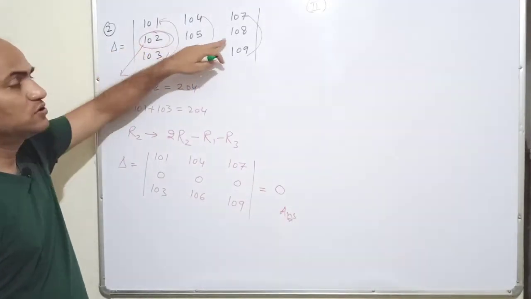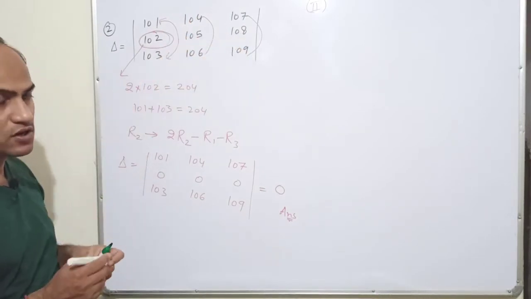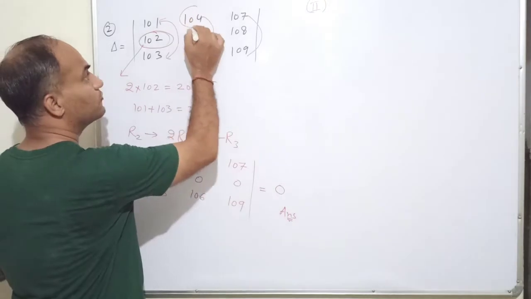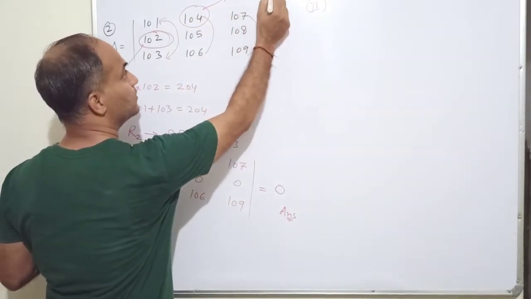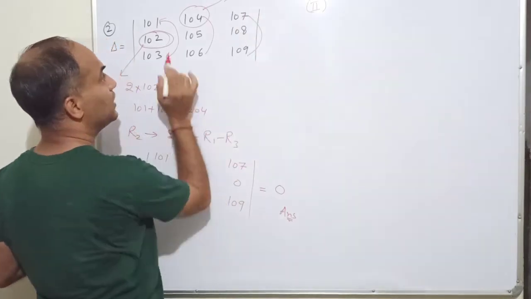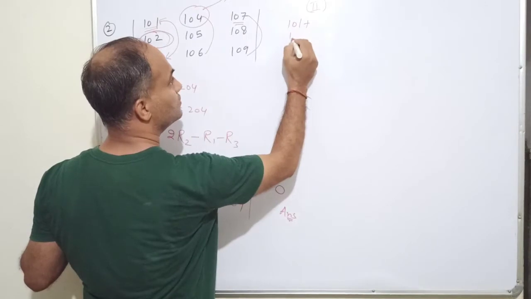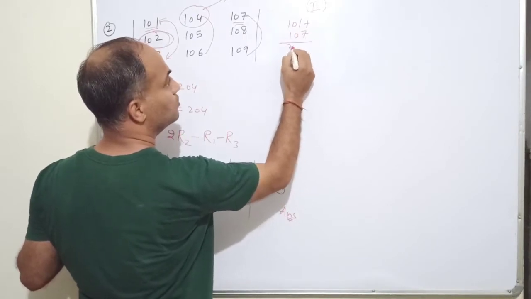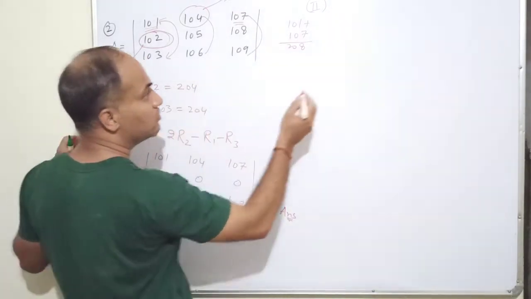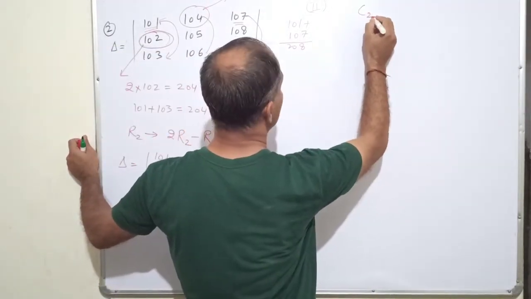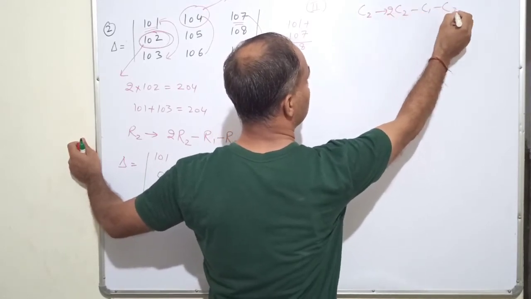Instead of doing the operation in rows, if we do the operation in columns, let us see what happens. Here double of this value is 2 into 104, which is 208, and the sum of these two, 101 plus 107, also becomes 208. So this is also the same. We can do the operation C2 tends to 2 times C2 minus C1 minus C3.